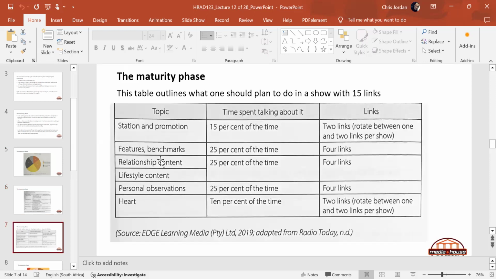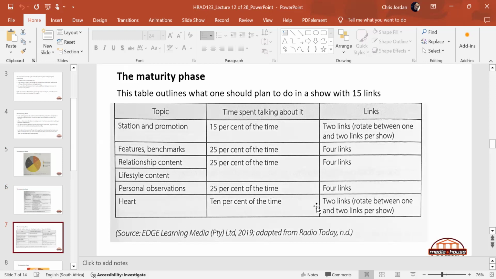And the link allocation: we're looking at two links, rotating between one and two links per show. Four links for benchmark features, four links in total for either relationship, lifestyle, or both. Four links for personal observation, two links rotating between one and two links per show for heart.